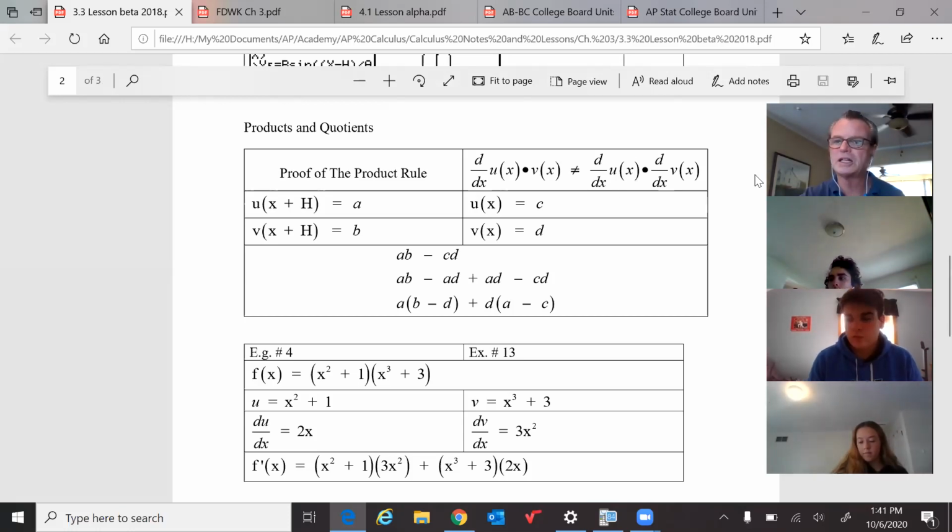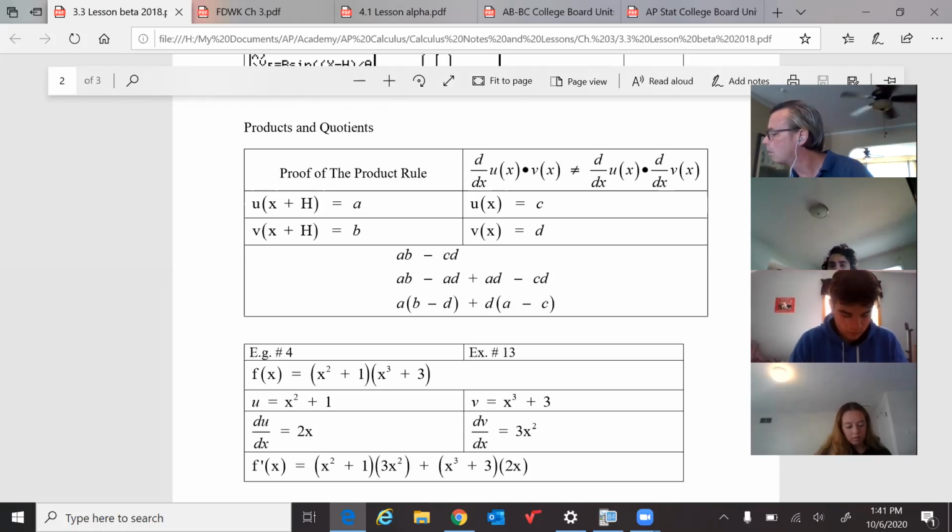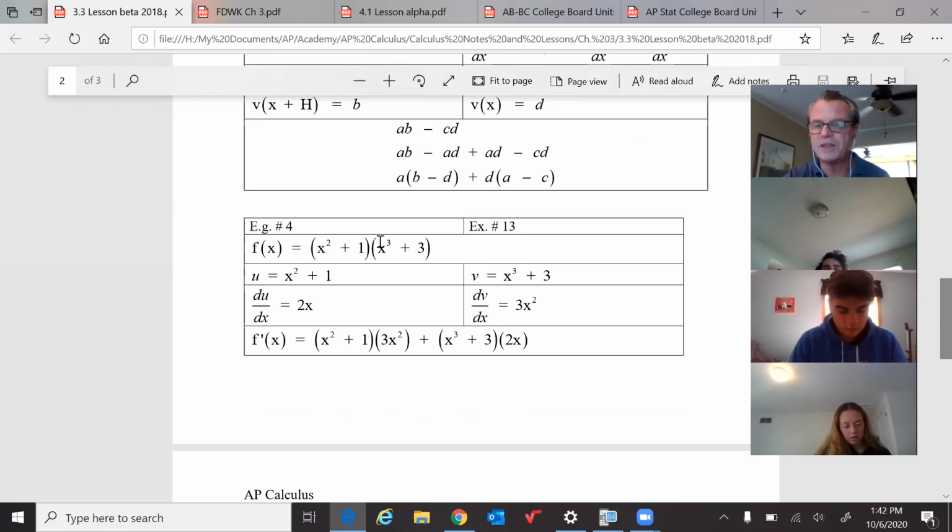So let's look at example 4. Example 4 is on page 120 in your book. And they give you this, the product of these 2 binomials.